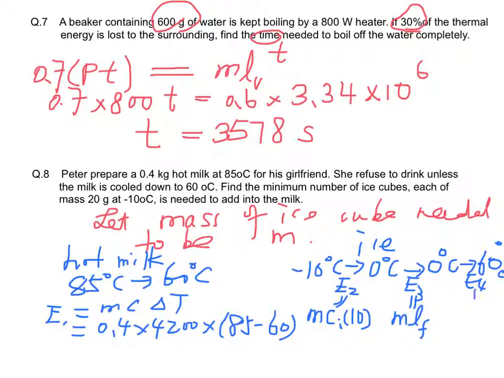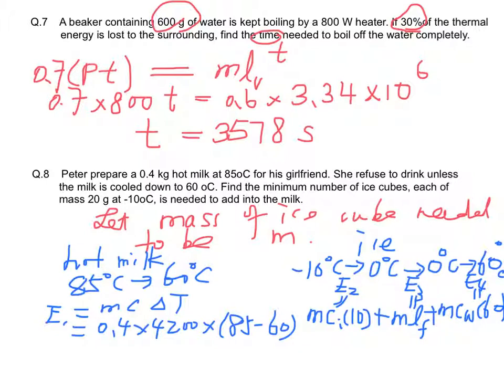Lastly, for E4, the energy absorbed by the water from 0 degrees Celsius to 60 degrees Celsius is equal to mC of water times 60. We add these 3 terms together. It's the total energy absorbed by the ice.